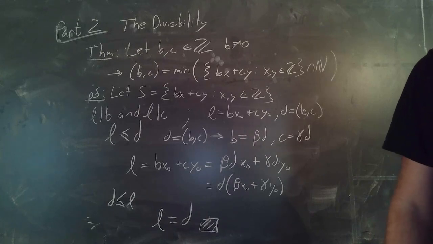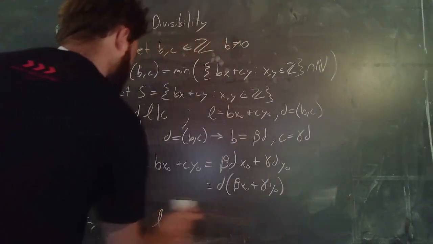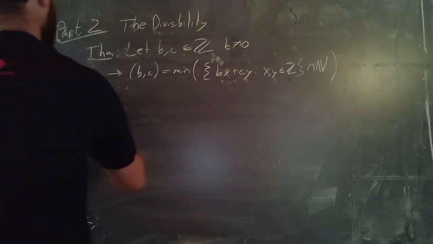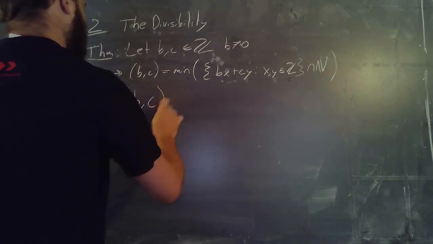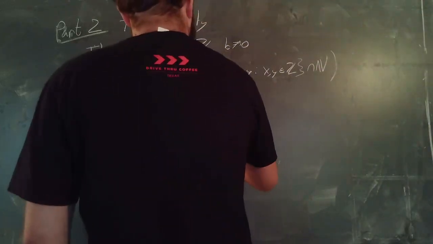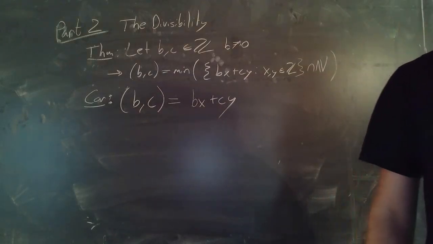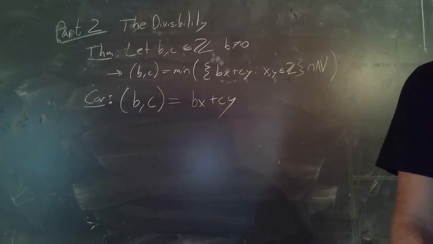And what that does is it gives us a way to extend the Euclidean algorithm so that we can write, we'll call this a small corollary, that the GCD of b and c will always be able to be written in this linear way, bx plus cy. I can always find a way to express the greatest common divisor as a linear combination of the two numbers that created that greatest common divisor.